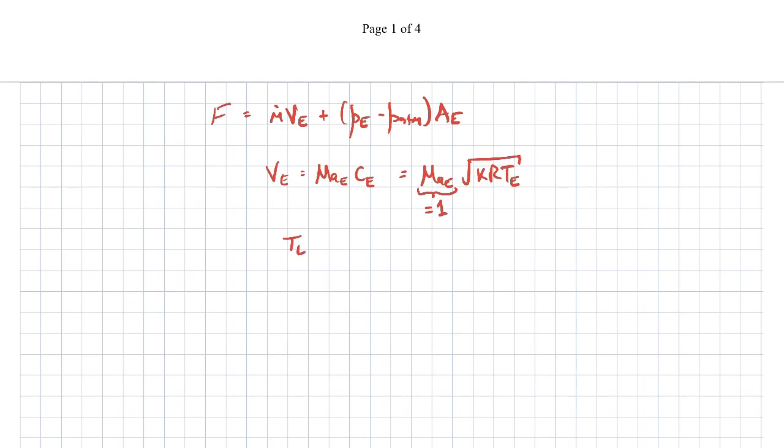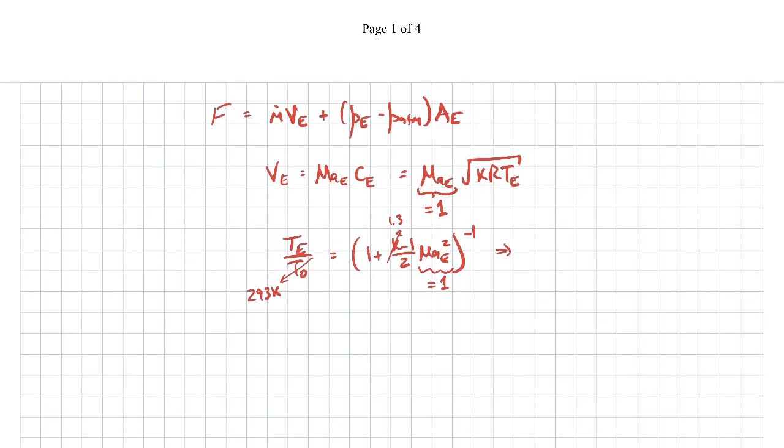So T at the exit over T naught is equal to 1 plus (k minus 1) over 2 times the Mach number at the exit squared, all raised to the minus 1. But we know the Mach number at the exit is equal to 1. We know the stagnation temperature was the 293 Kelvin. It was 20 degrees C, and we add in the 273 to make an absolute temperature. And then we know, of course, k is the 1.3 because it's carbon dioxide.